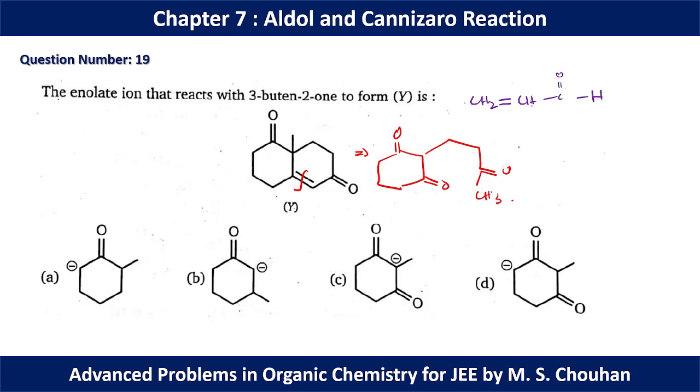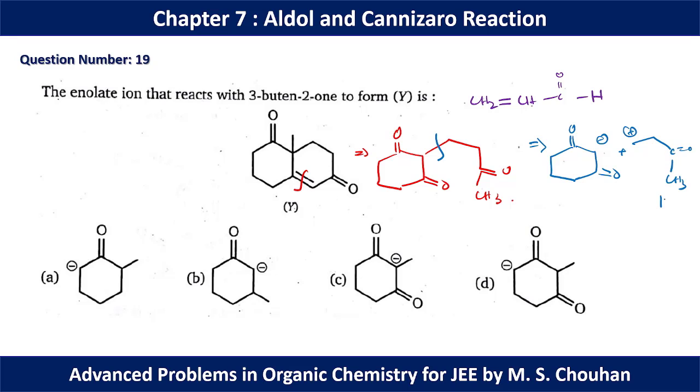Okay, now we can do another retro-aldol thing. We can dissociate this one and we can have this kind of enolate along with positive.